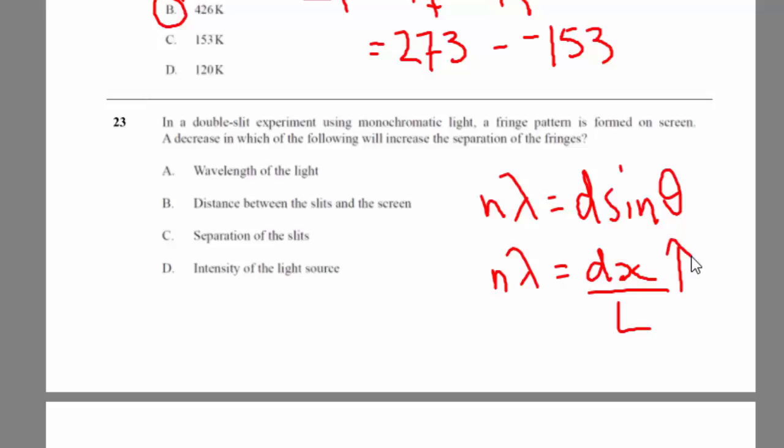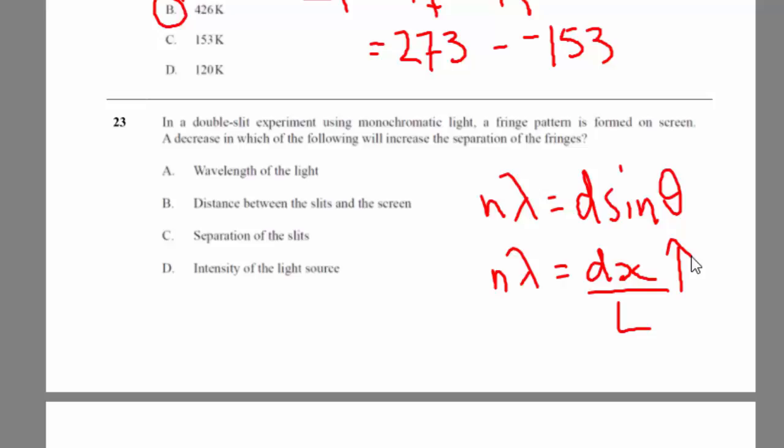If we decrease the wavelength, x will go down. If we decrease the distance between the slits and the screen, L, x will also decrease. If we decrease the separation of the slits, then x will increase, right?